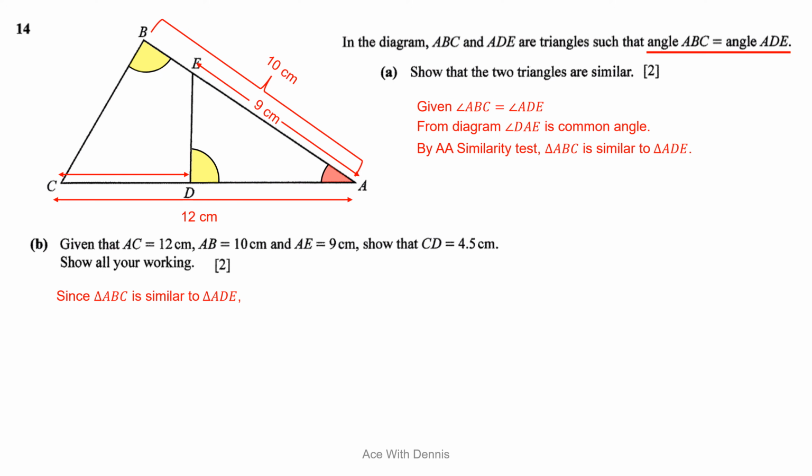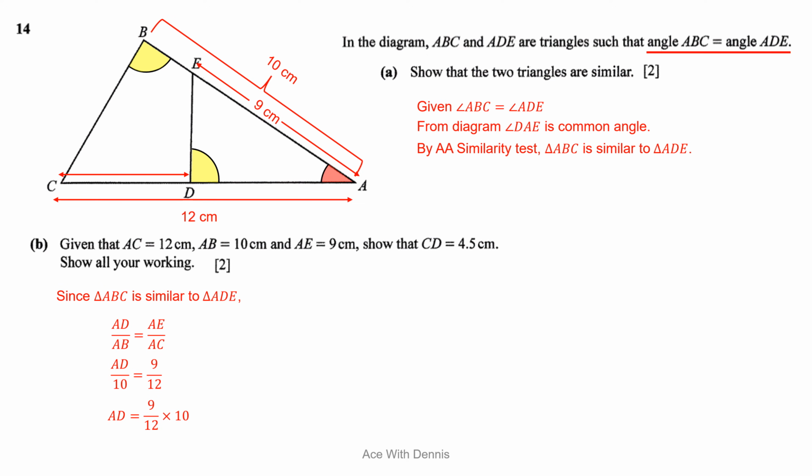From part A, since triangle ABC is similar to triangle ADE, then the ratio of the length AD to AB will be equal to the length of AE to AC. Then fill in the value. AB is 10, AE is 9, AC is 12.